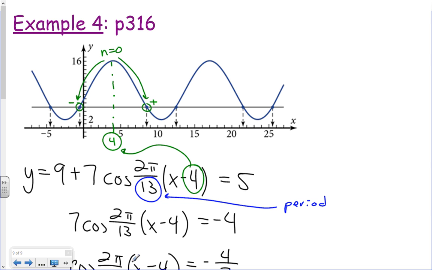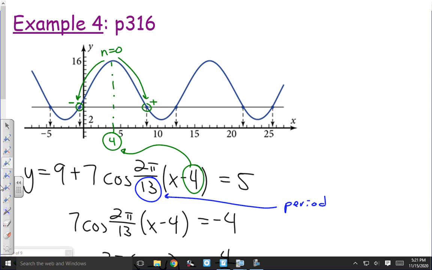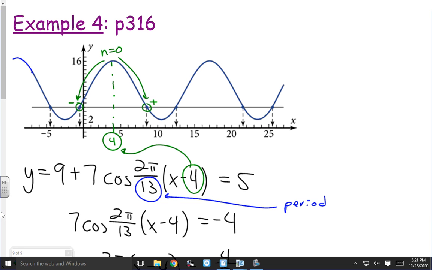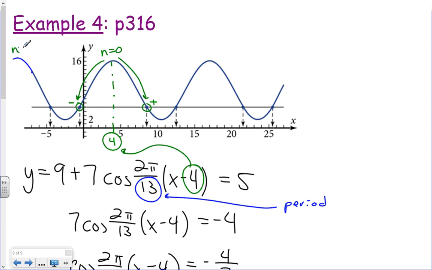You'll notice that there's one further to the left of that. Maybe I should try to finish this sinusoid here if I draw the next high point there, the next upper bound. That would be going backwards to the left. If n equals 0 is at 4, then going backwards to the left, this would be n equals negative 1. Notice that I don't want a solution to the left of that high point. I only want the one that's off to the right.